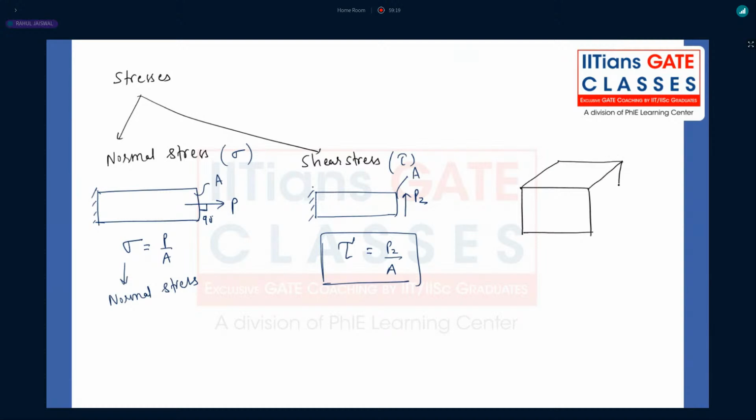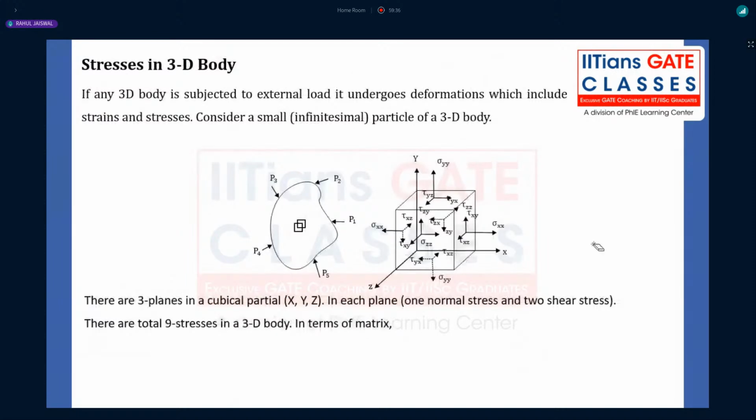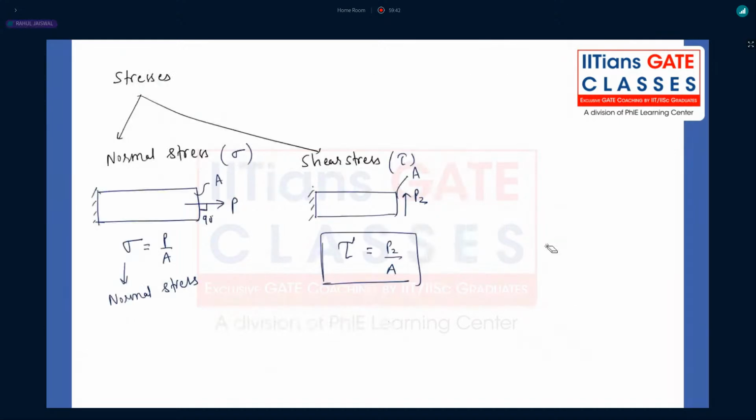If I denote the complete 3D stress representation, how can we write it? Now all of you can see this one. It's better that I draw it once again here itself.